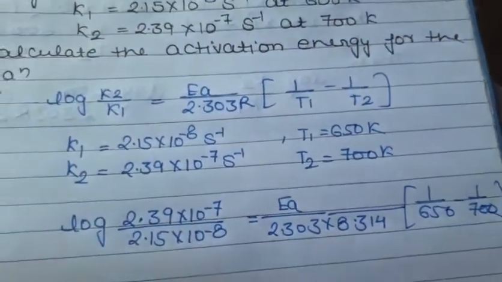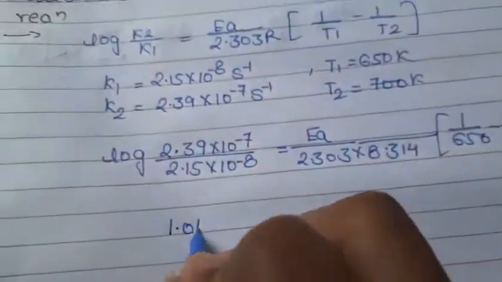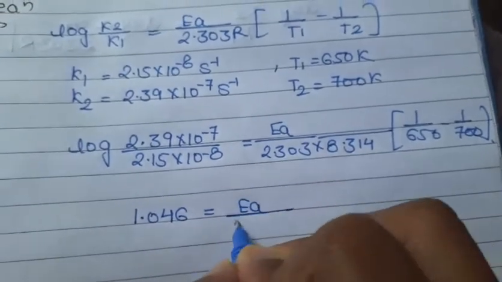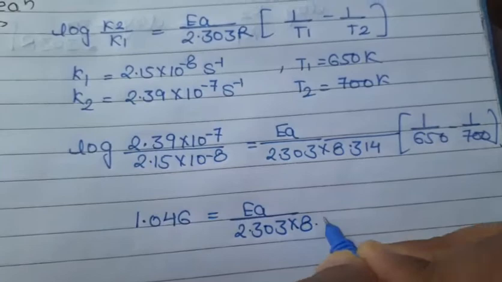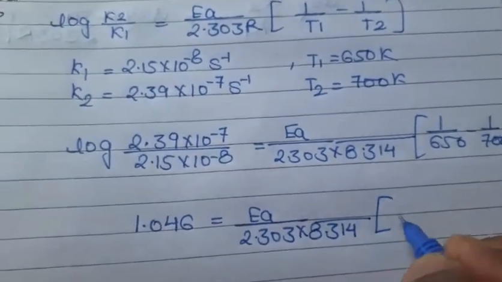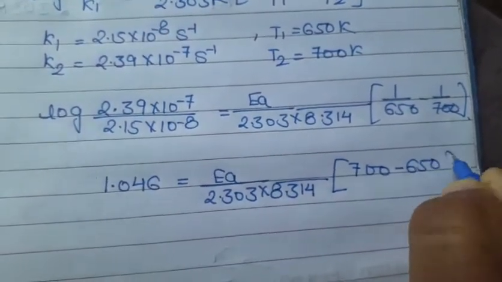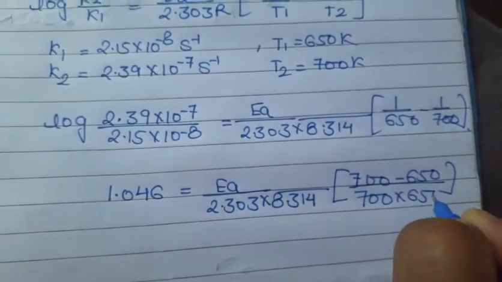Now students, from here we get 1.046 equals Ea upon 2.303 into 8.314, and here 700 minus 650 upon 700 into 650.